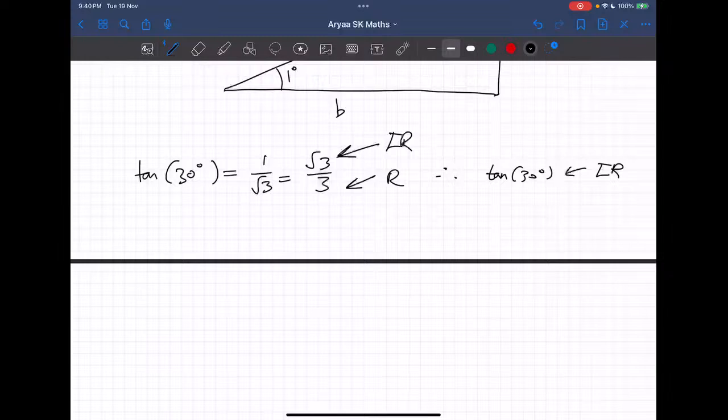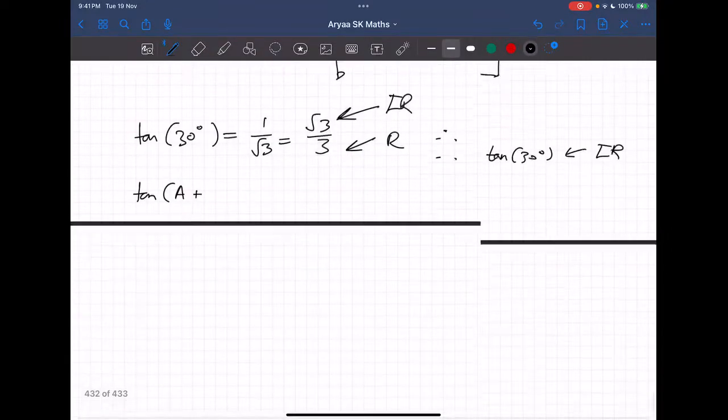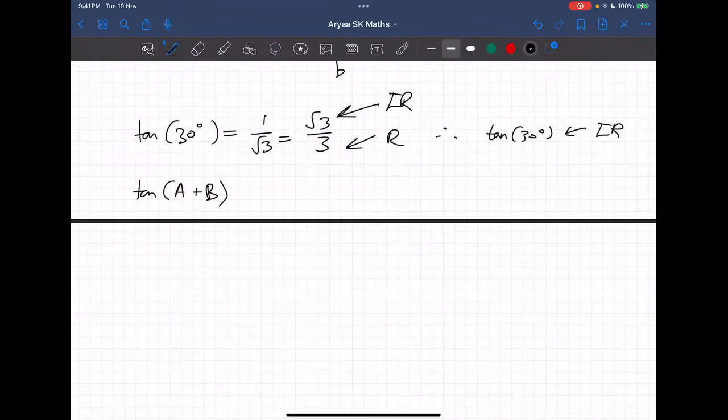Okay, from here, let's remember our compound angle formula. Tan of A plus B is equal to sine of A plus B over cos of A plus B. I'm probably just going to have to derive everything again, which is a little bit annoying, but it's alright.